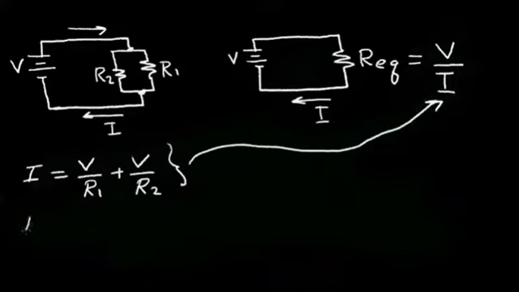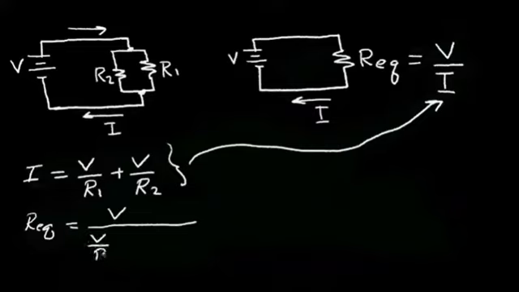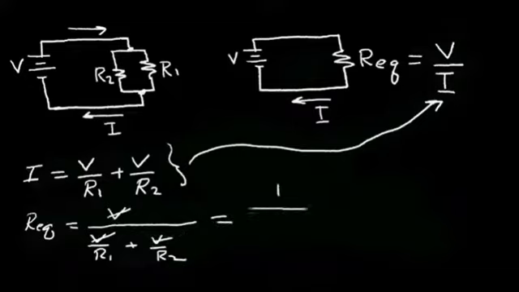So let's do that. Req is equal to the voltage divided by this current, which is V over R1 plus V over R2. Now notice that the voltages cancel, and I'm left with 1 divided by 1 over R1 plus 1 over R2.